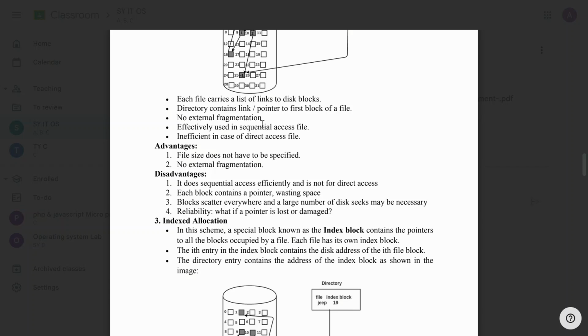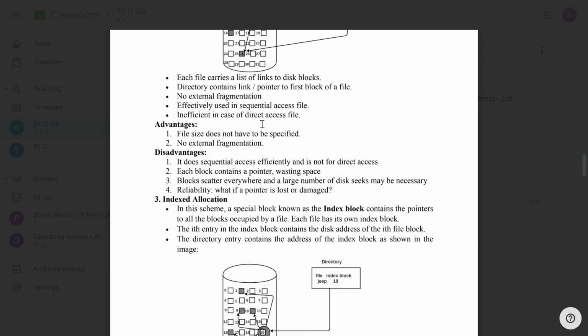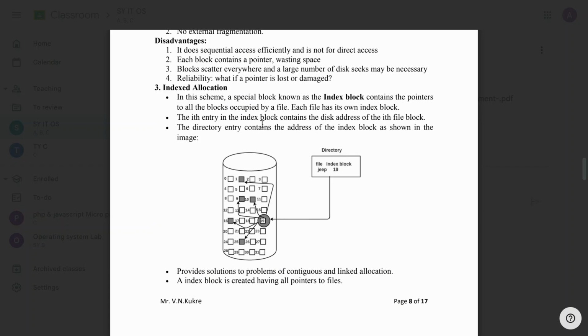Next type of space allocation of the file is index allocation. In this scheme, a special block known as index block contains the pointer to all the blocks occupied by a file. Means if there are 10 blocks in a file, then we are providing a single pointer that will point to all the 10 blocks of that particular file.